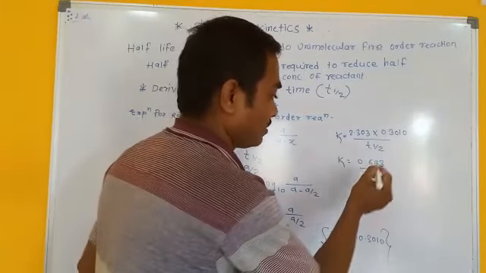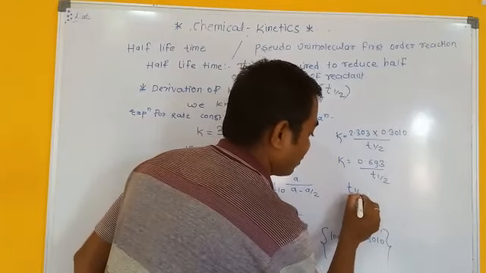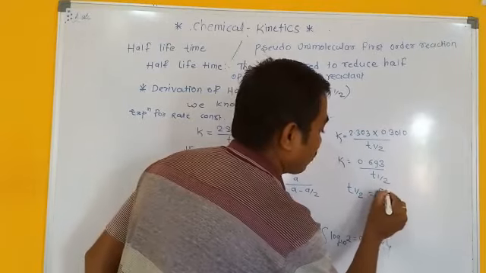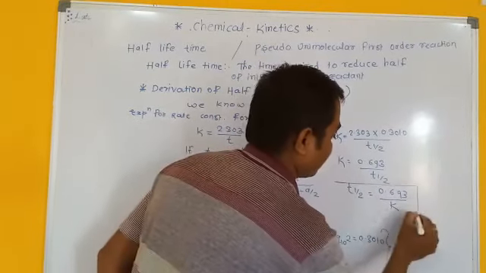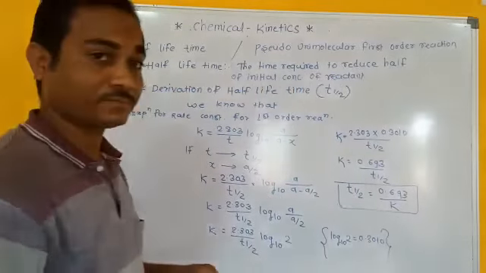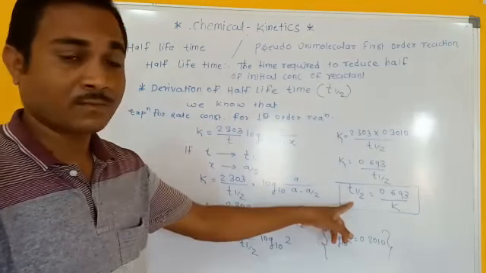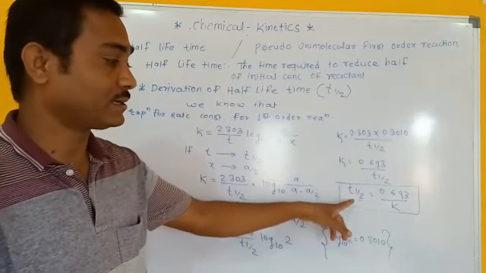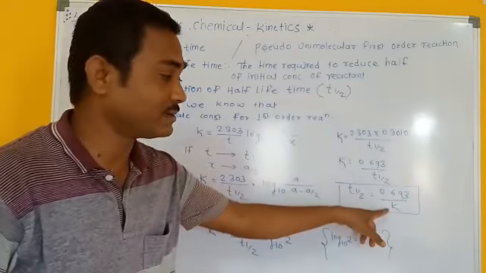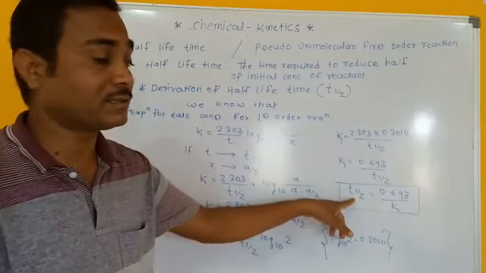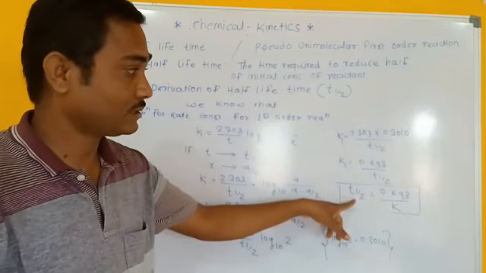From this expression we can calculate the value of T half. T half is equal to 0.693 divided by K, which is the required expression for the half-life time of a first order reaction, where K is the rate constant and T half is the half-life period of a first order reaction.